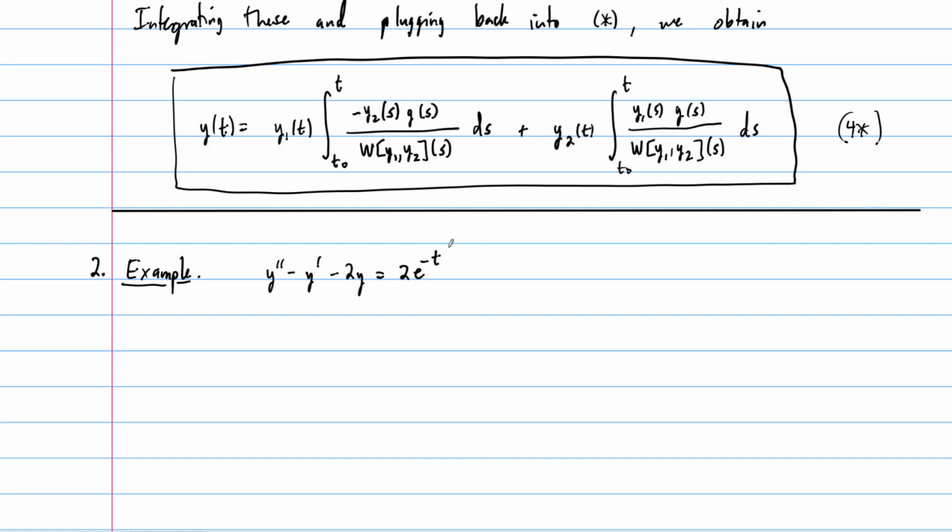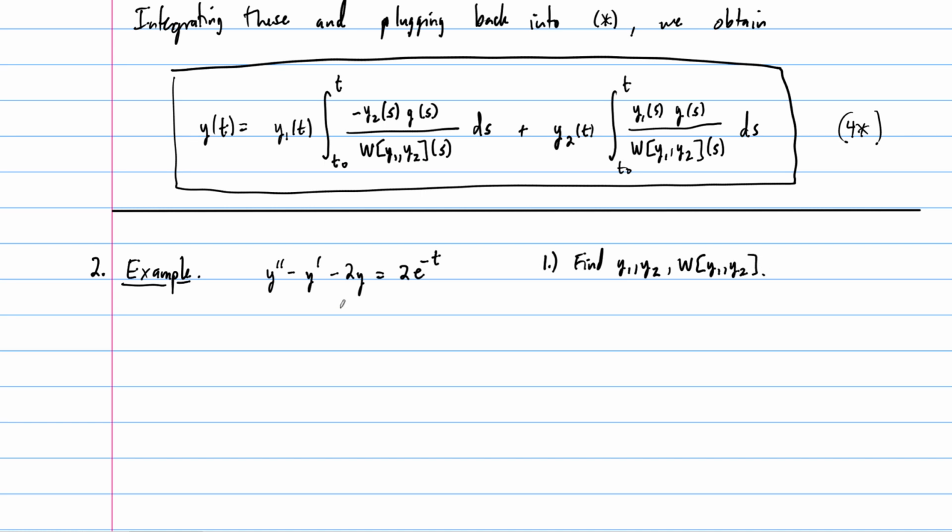This one we know could be solved by other methods, right? We learned the undetermined coefficient method in the last lecture, but I want to do this one by variation of parameters. So the first step is going to be to find the fundamental solution set. So step 1 is to find our y1 and y2. And of course, we also need to make sure that those are linearly independent anyway.